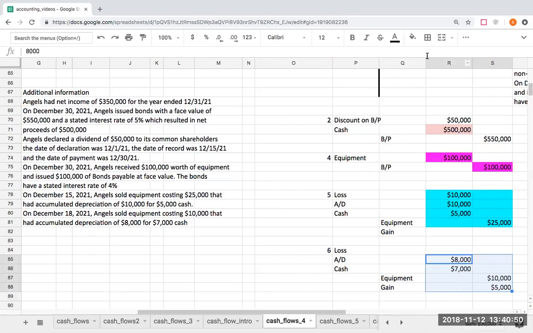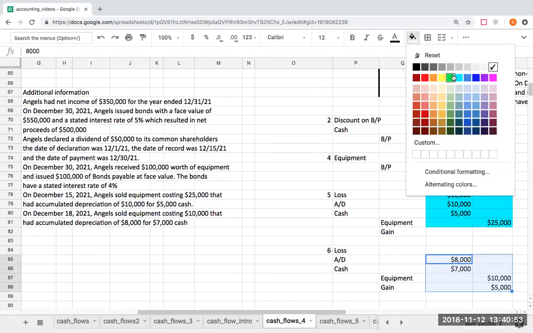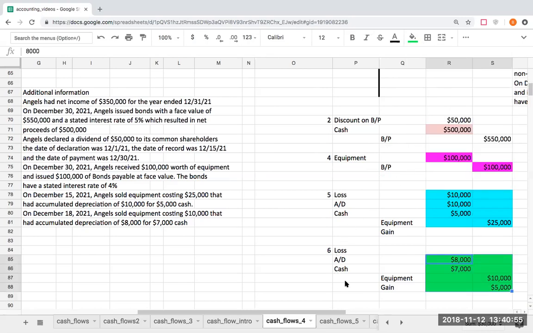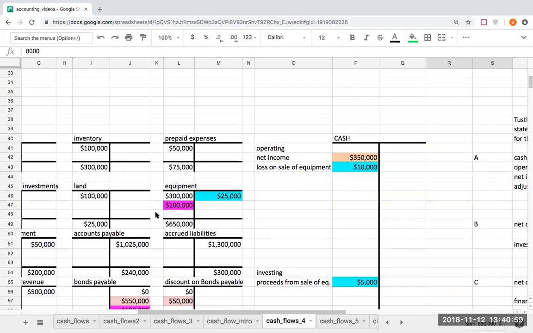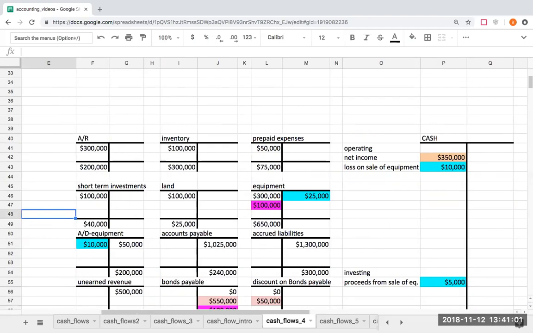And so what I want to do with this is I've got this right here. What I'm going to do is go through and post this directly into the T accounts. The accumulated depreciation of $8,000 is going to go directly into that particular T account.